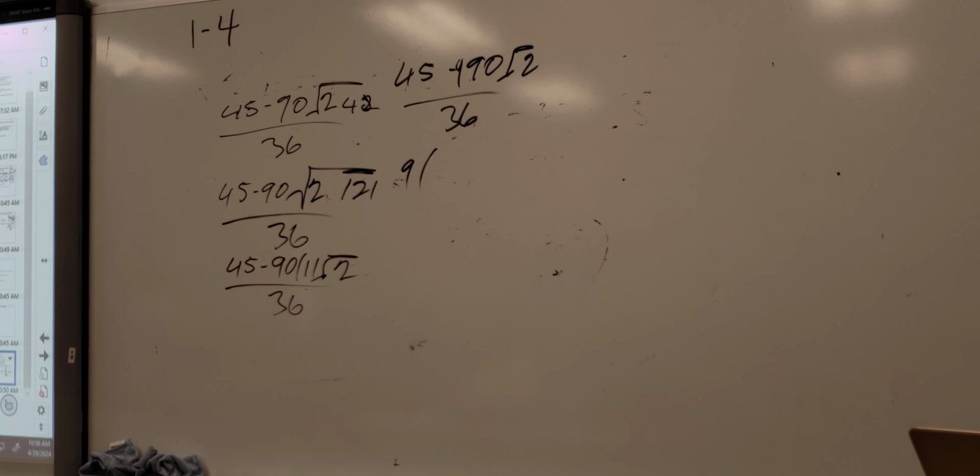She can divide by 9, that gives you 10, and 10 times 11 is 110, radical 2. 9 goes into 45 five times. So there's where 5 minus 110 radical 2 all over 4.